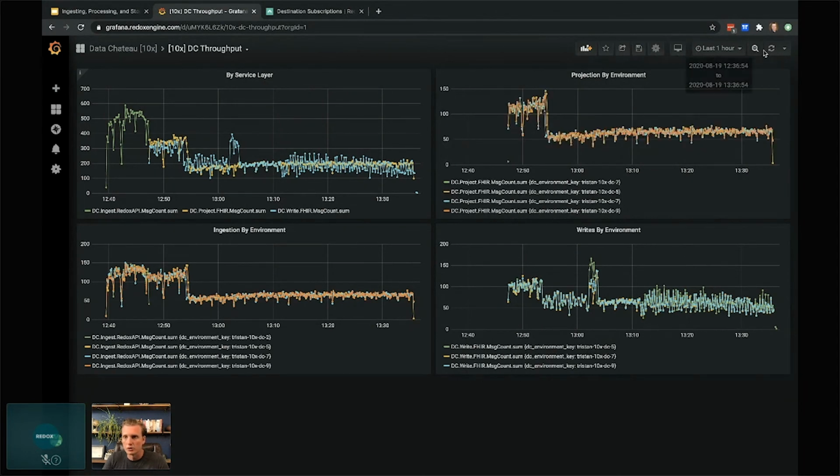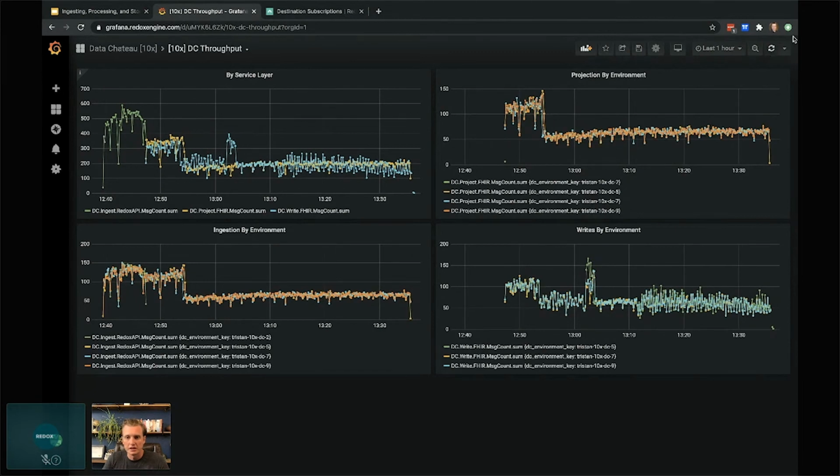I did some testing earlier, so that's what you're seeing there. And what I'm going to do now, now that I've subscribed a new environment, is send some more data through that.